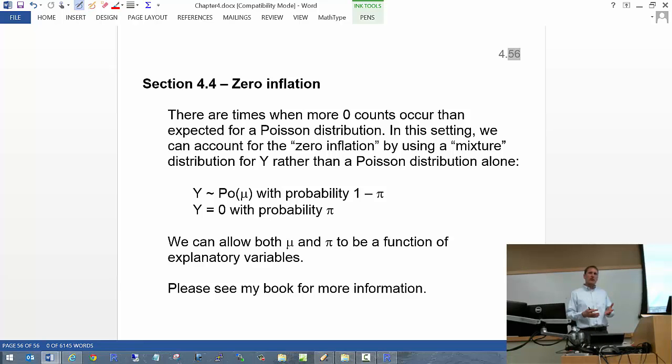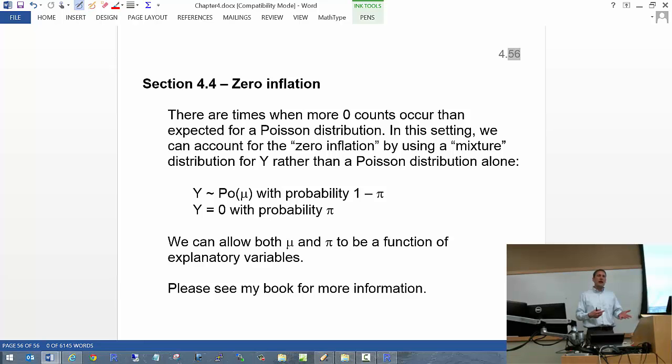With Poisson regression models, I think more so than, let's say, logistic regression models, there are some issues that you often run into. In particular, in section 5.3, we're going to talk about something called over-dispersion, meaning that the variability in your responses is more than what you would expect if truly a Poisson distribution held.